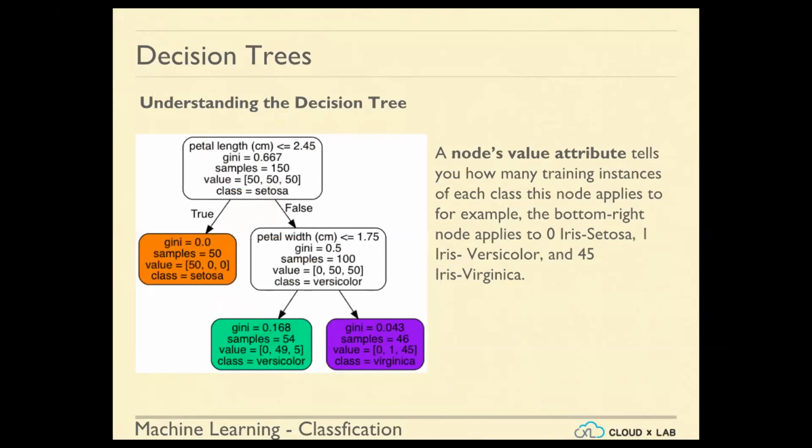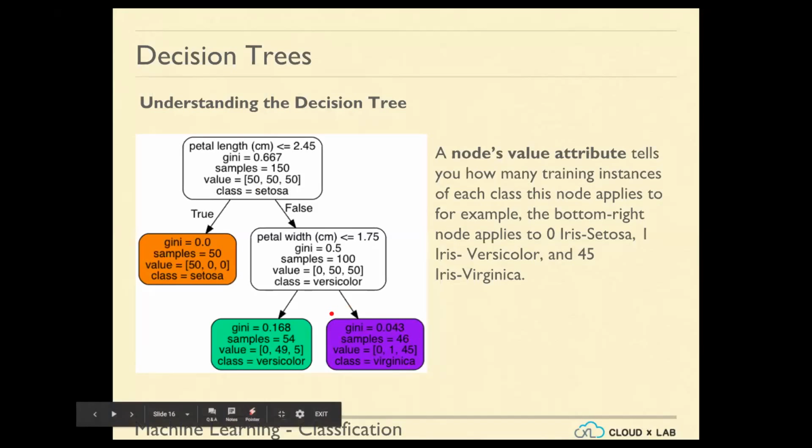Here we see the node's value attribute tells how many training instances of each class this node applies to. For example, the bottom right one applies to 0 of Iris setosa, 1 versicolor, and 45 virginica.